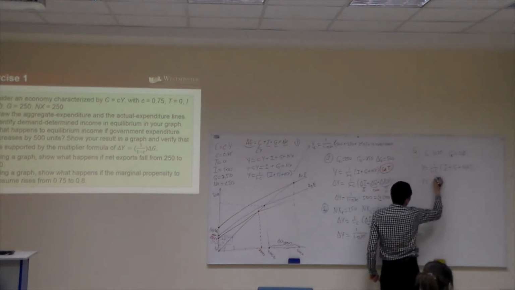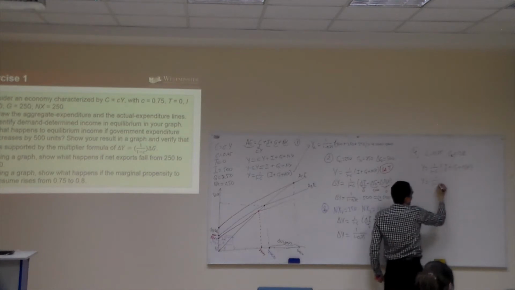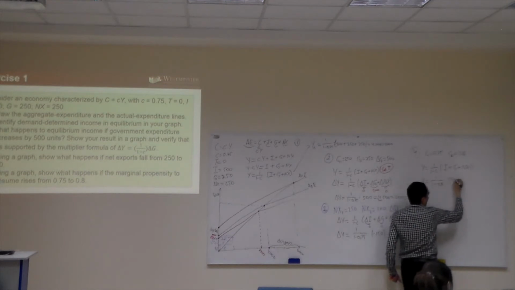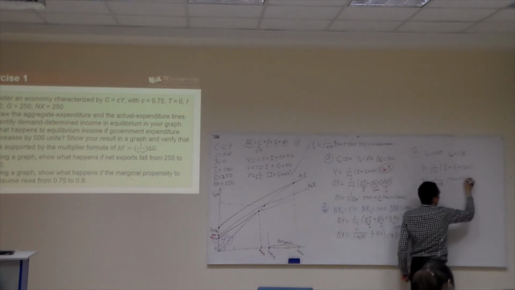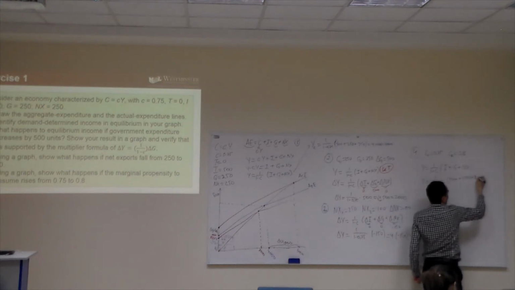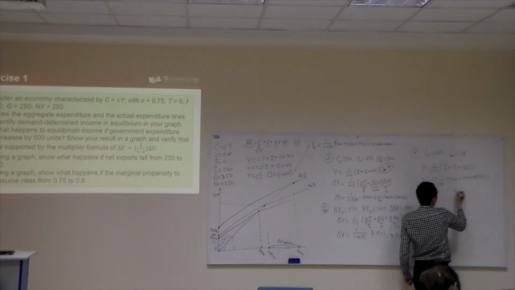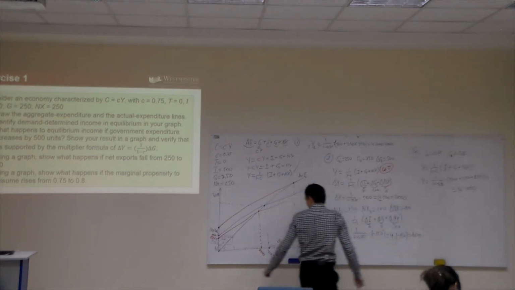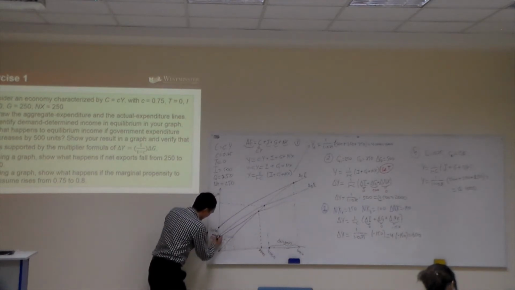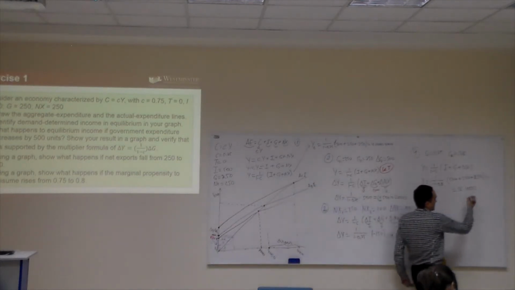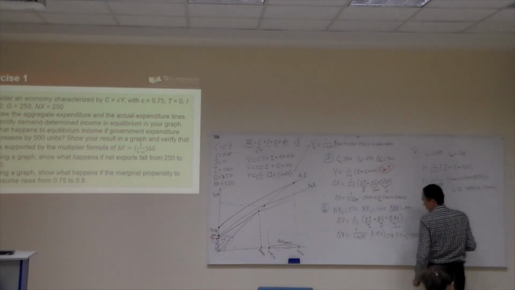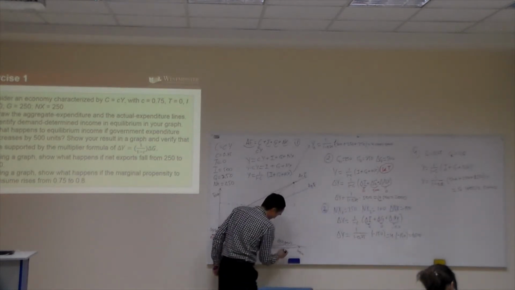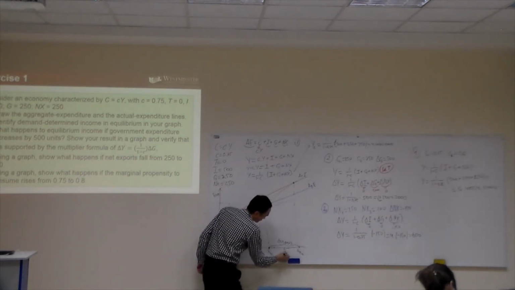So y is equal to 1 over 1 minus 0.8 times investment 500 plus government spending 250 plus net export 250. So which is equal to 5, the multiplier, times 1000. The initial point is still here, 1000. So now it's equal to 5000, which means equilibrium point is somewhere here, 5000.